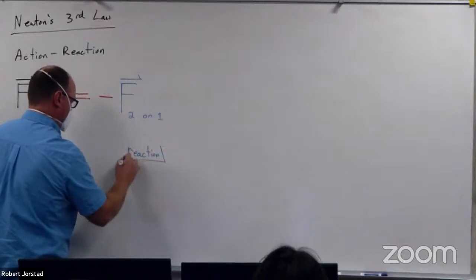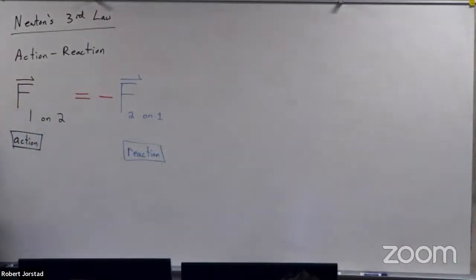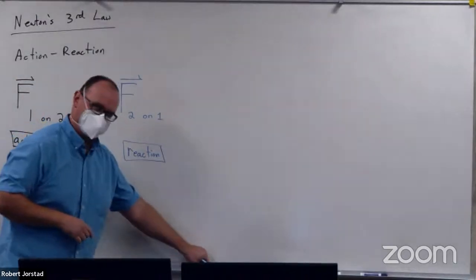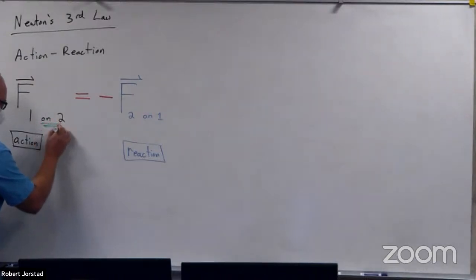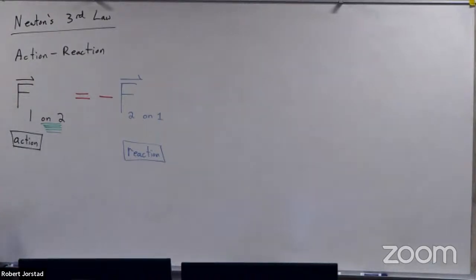So when we say action, reaction, we're talking about forces, literally. So there's an action force and then a reaction force. And I want to point out this crucial fact. One of these forces in an action-reaction pair is acting on object 2.